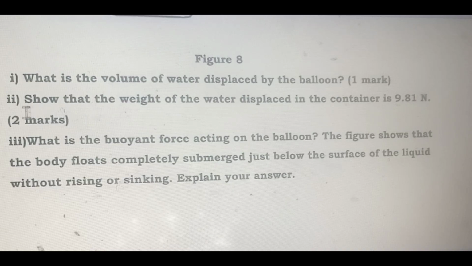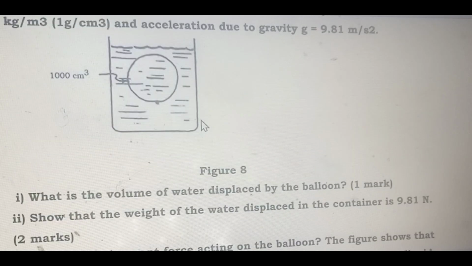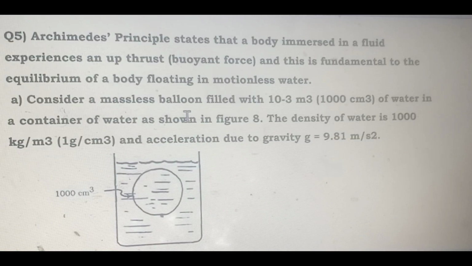And also, to show that the weight of water displaced in the container is 9.81 Newton, we are going to use the formula of buoyant force. You understand that the buoyant or upthrust force is equal to the weight of displaced fluid.